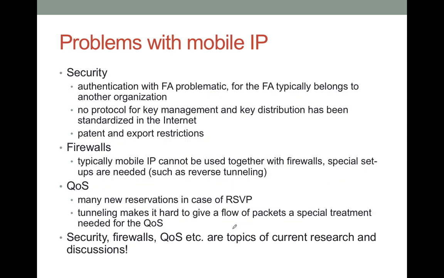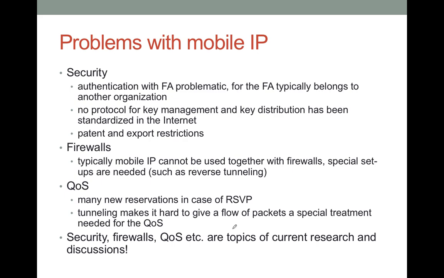When you implement mobile IP, of course, there are problems. Yeah? The problem lies basically in security. As I mentioned earlier, when you move from one subnet to another subnet, or from one network to another network, the level of access of that particular PC is different.